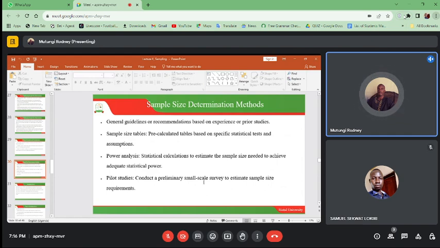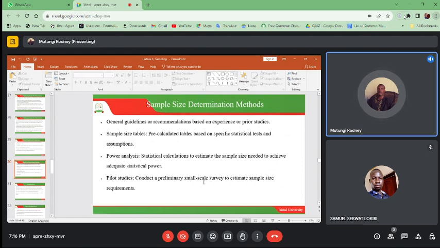You can use the other sample size that you have been using, and then you get the required sample which you are going to use to evaluate or monitor your program. Then sample size tables are also used in determining sample size. Power analysis also talked about it.